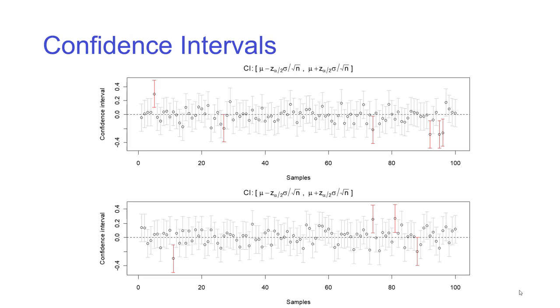The ones that don't are highlighted in red. So in the top box I've got 1, 2, 3, 4, 5, 6 out of 100 that are wrong and don't include the actual population mean of 0. That's slightly worse than I'd have expected, but that's the nature of probability. I ran that process again, and in the second one I've got 4 that happen to not contain the population mean.